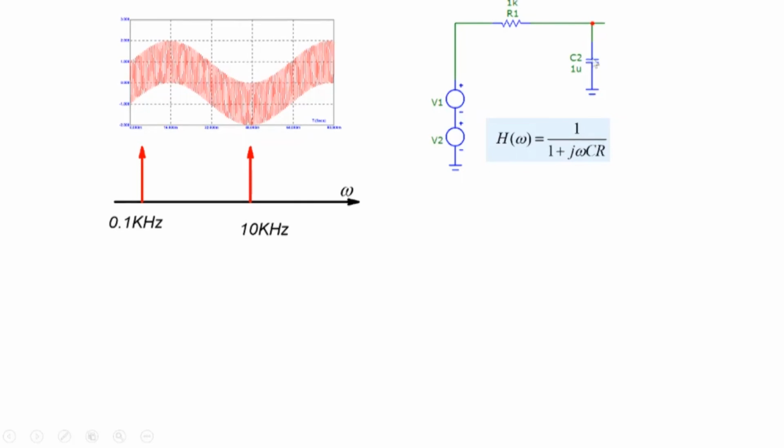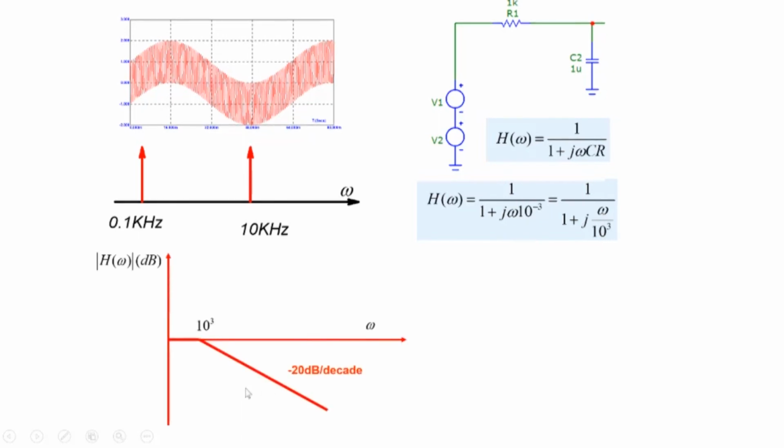So we see that a circuit like this is useful for us. We take the transfer function that we just have, 1 over 1 plus j omega by 10 to the power 3, which is represented by this circuit, and we pass a signal through it.